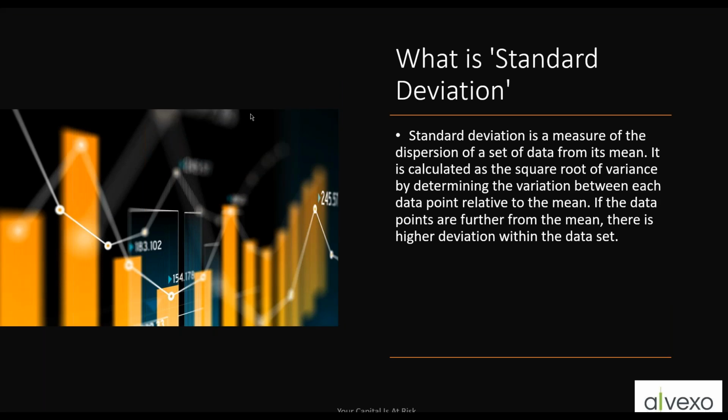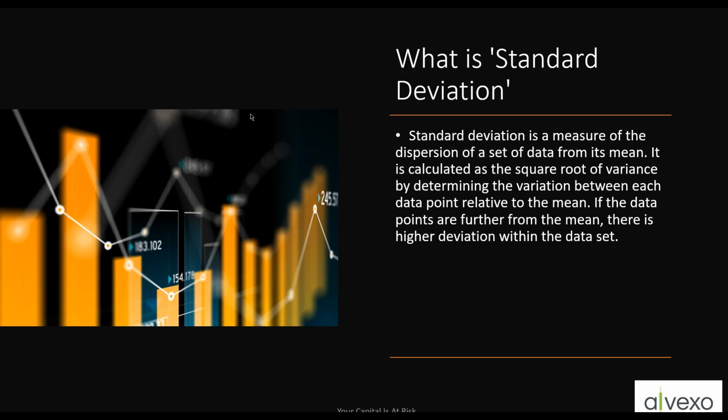Now, that's a very complex sentence, and I have a degree in mathematics, and I'd have to sit back very carefully and chunk that together. It is calculated as the square root of variance by determining the variation between each data point relative to the mean. If the data points are further from the mean, there's a higher deviation within that set.